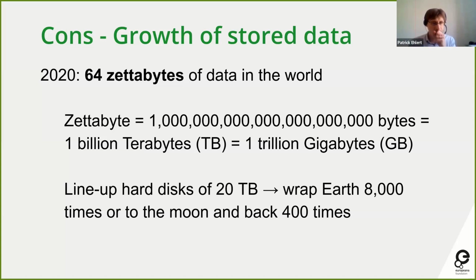To put that a bit into perspective, if you would store that kind of data on a 20 terabyte hard disk, which is about the largest hard drives you can buy at the moment, and you would put all those disks in one line, you could wrap the Earth like 8,000 times, or go to the moon and back 400 times. So that's really, really a lot.